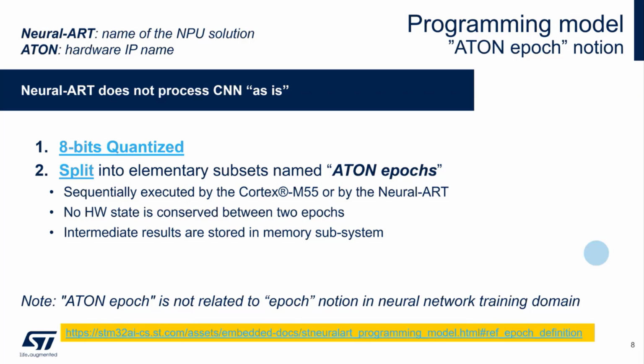And this output is stored in the memory subsystem. Just one thing to mention here is that the epoch is not related to the epoch notion in the neural network training domain. Just a reminder for those of you who are used to working with neural networks.